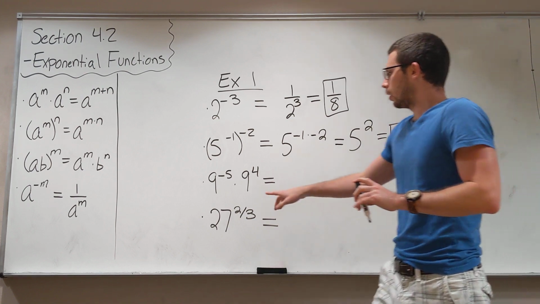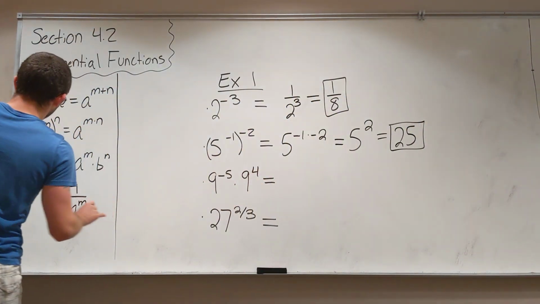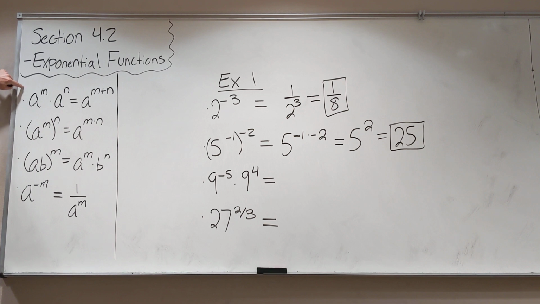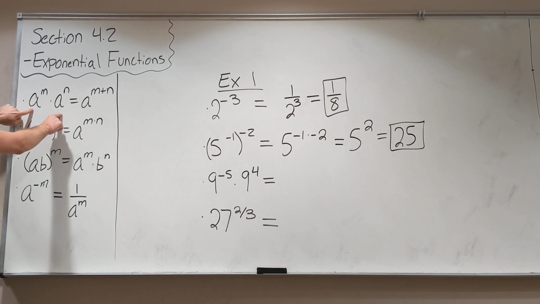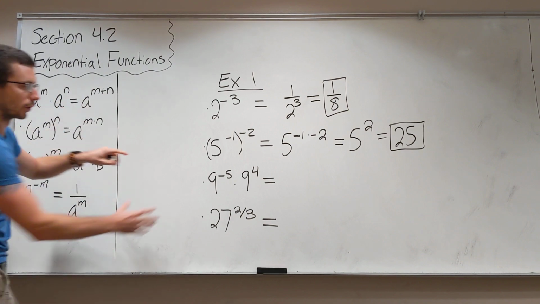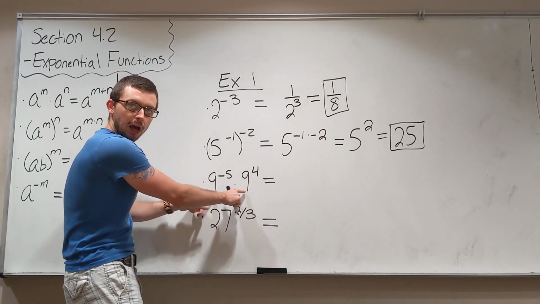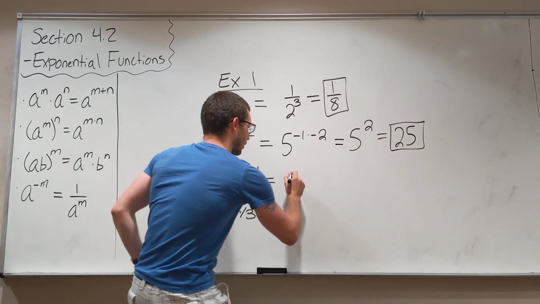And so a problem like this, that would correlate with the first property up here, where if we multiply two exponents together and they have the same base, then notice the same base carries over. So notice this A and that A will become 1A, or in this problem, the two 9's merge together to give us 1 9.